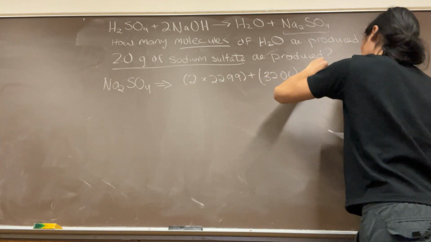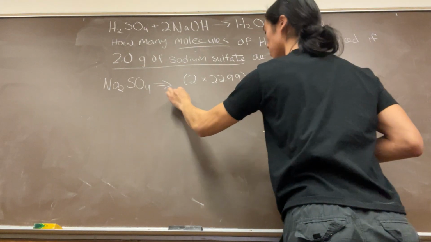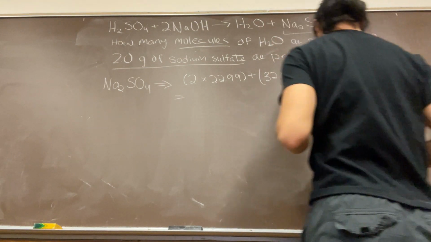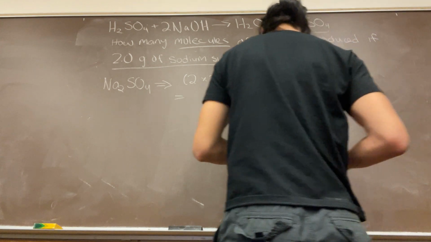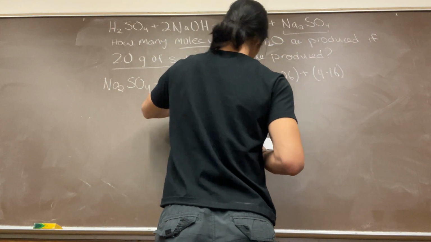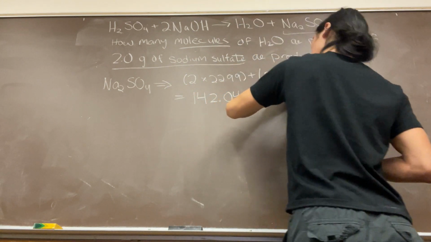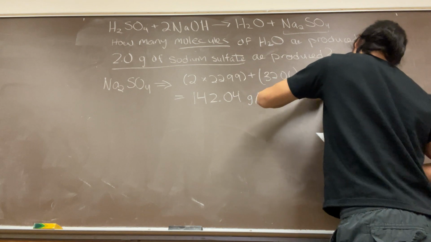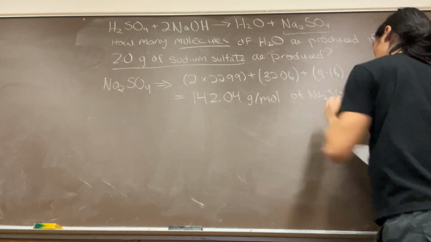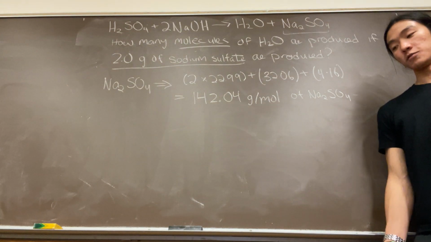Plus 4 oxygens, 4 times 16. And this should get us equal to 142.04 grams per mole of Na2SO4.